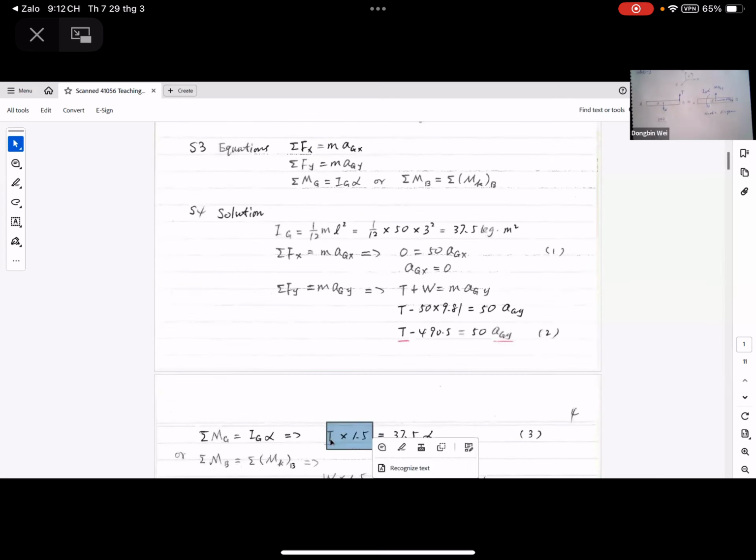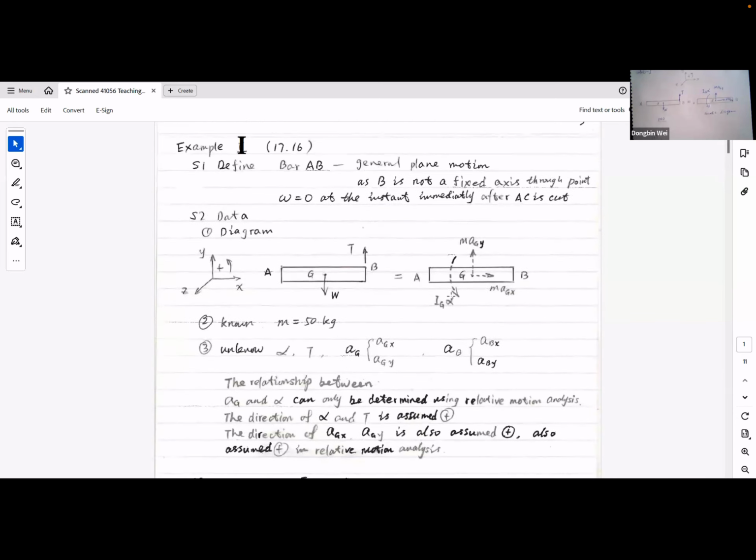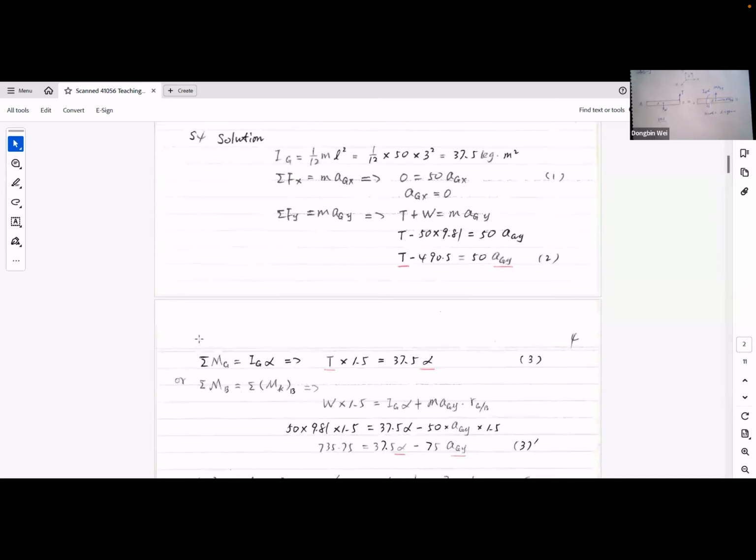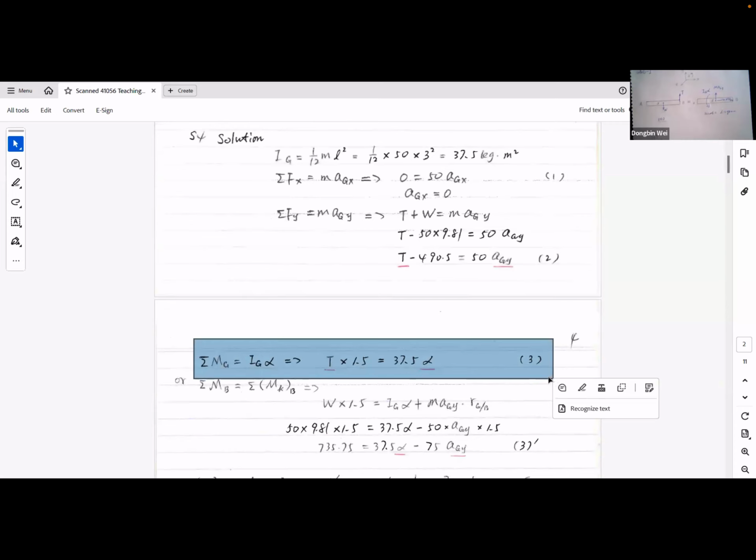Okay, so no negative sign before this item. On the right side, for the kinetic moment, if the calculation is about point G, then we only have I, G, alpha, okay? So now we have our third equation. And in this one here, we have T, we have alpha.